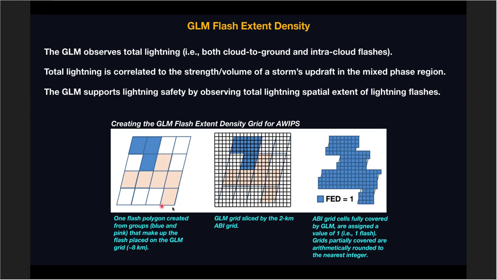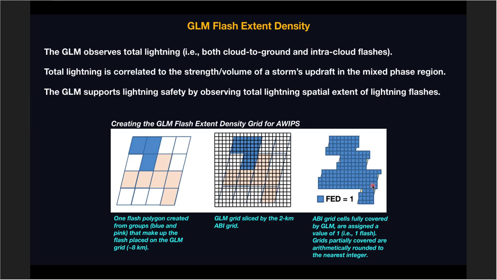So what we do is we take the footprint of that flash, and then we put the ABI grid on top of it, and what ends up happening is we create this flash extent density product, and you can see that we take that larger 8 to 10 kilometer grid and basically downsize it to the ABI grid like this. And that is something that AWIPS can handle. That's basically the rough idea behind it.